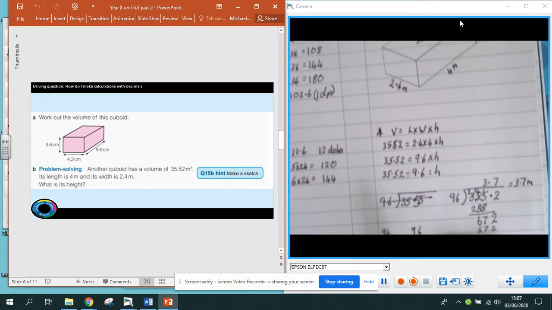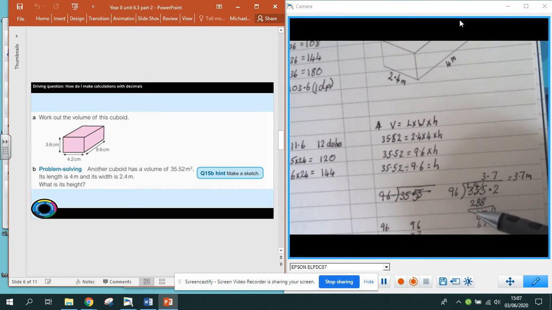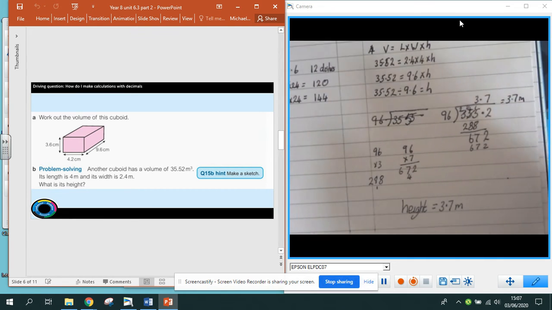So, writing it down and doing it, I did it long-handed again. I multiplied them both by 10 to give me 355.2 divided by 96, which gave me an answer of 3.7. So the height, how many 96s in 35? There aren't any. How many 96s in 355?